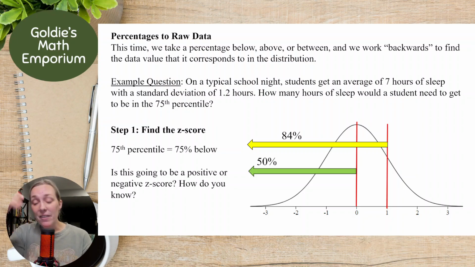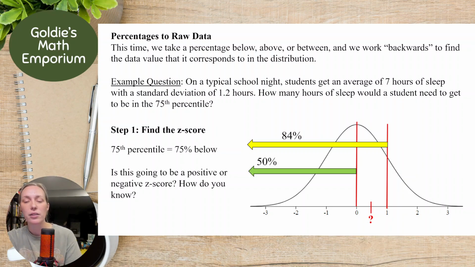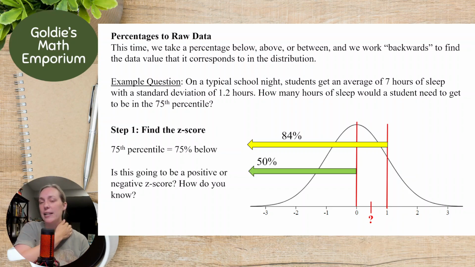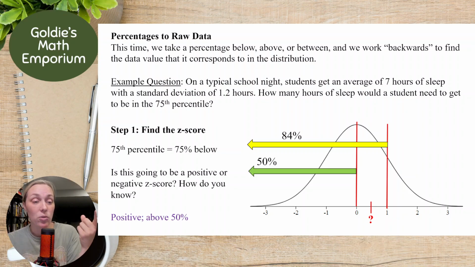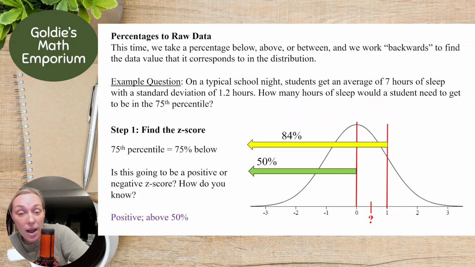Now, when we look at 75% below, that puts us somewhere between there, not exactly in the middle. Again, with the calculus involved, it's tough to know exactly where it is. So we know we're going to have a positive z-score, because the percent we're trying to find is 75% below, which means this z-score is going to fall above that 50% mark, our halfway point.